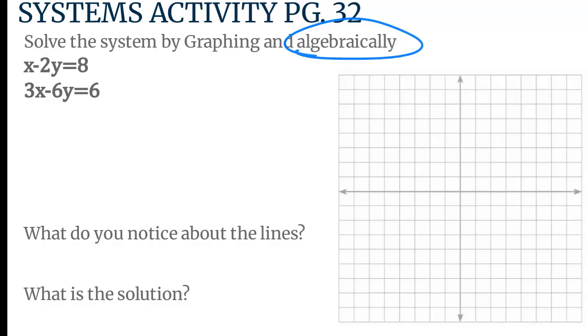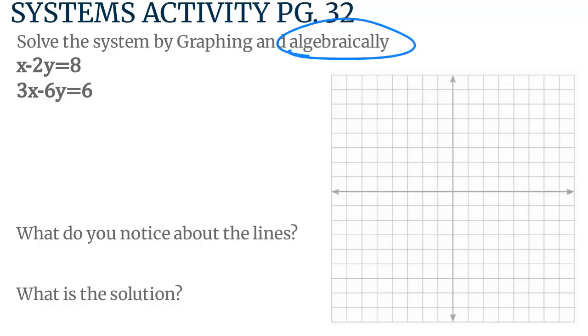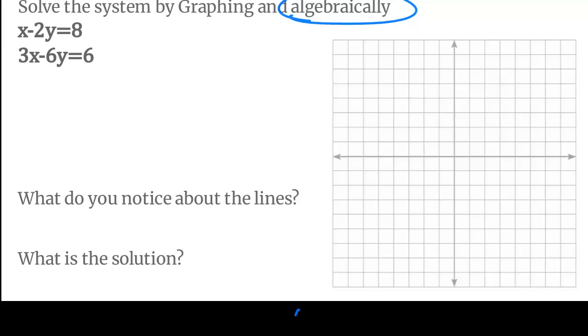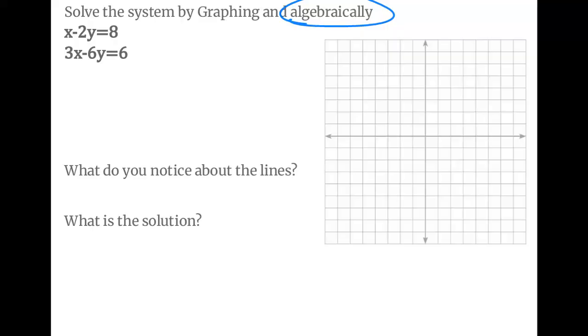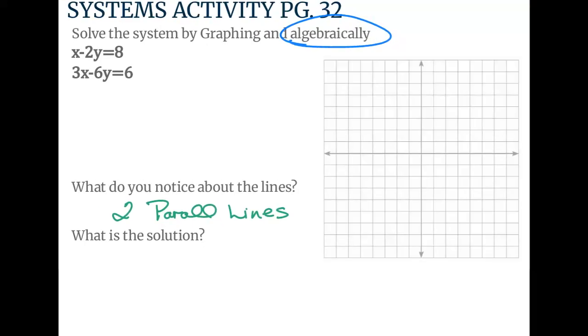What did you notice about the lines? They are two parallel lines. What makes something have two parallel lines? What has to be the same? What has to be different? The y-intercept has to be different, and what has to be the same? The slope. Excellent. Did you remember that from before? Kind of, from your past math classes.